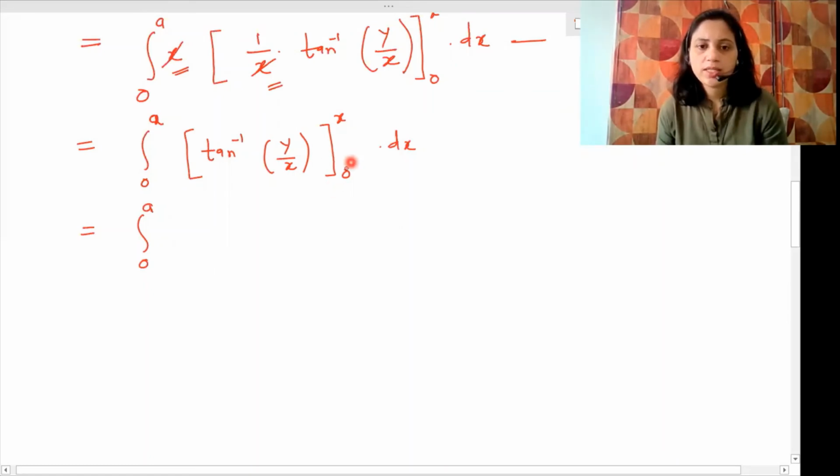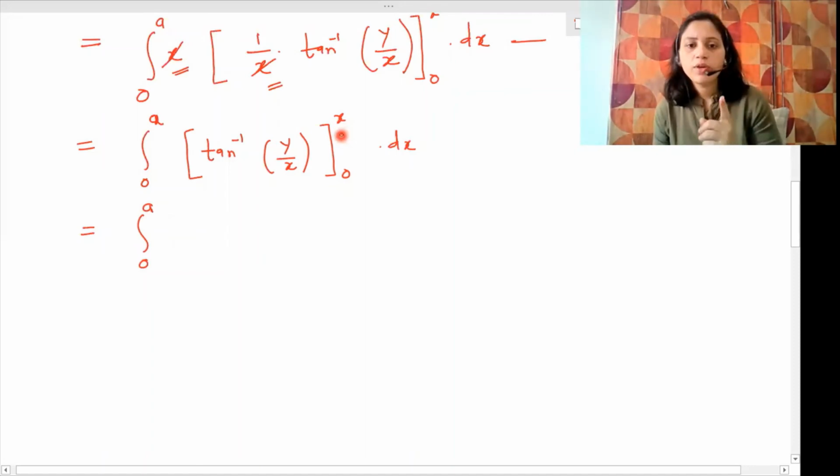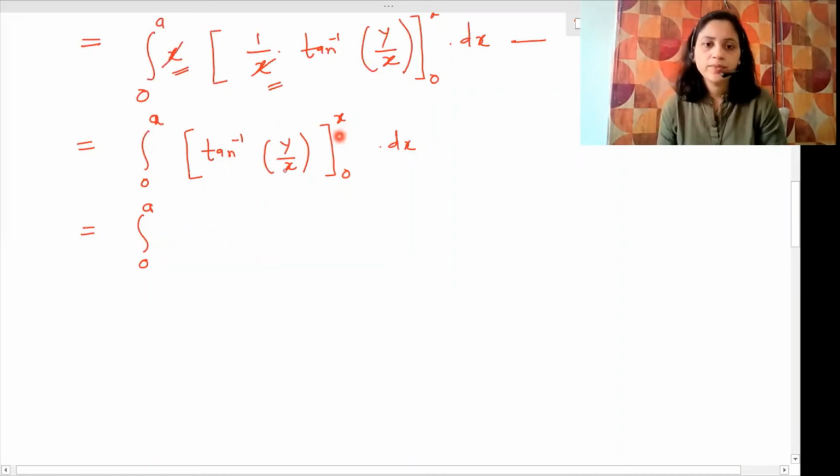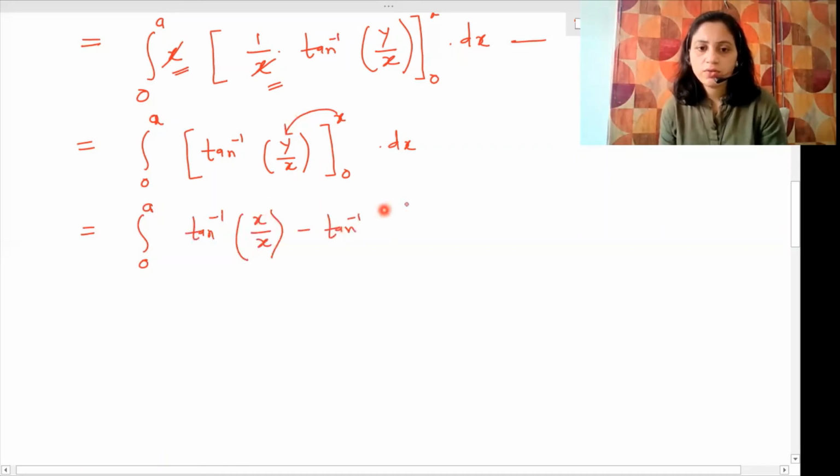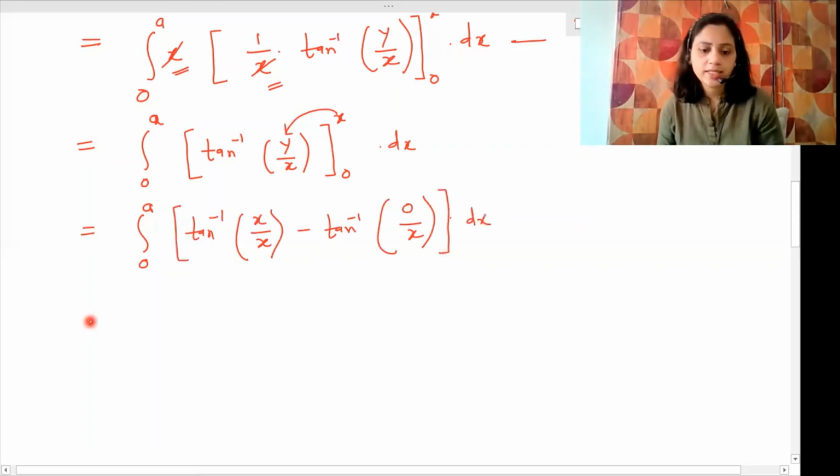Upper limit is x, lower limit is 0, and we substitute the limits in place of y, because we have integrated with respect to y. So tan inverse of the upper limit, x upon x, minus the lower limit, tan inverse of 0 upon x, dx as it is.